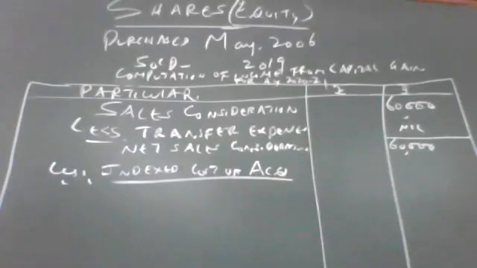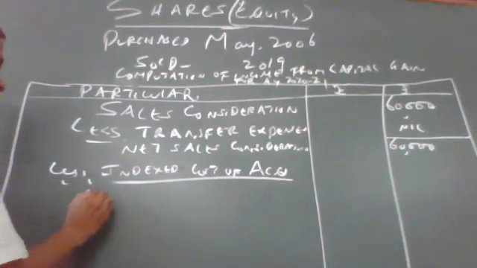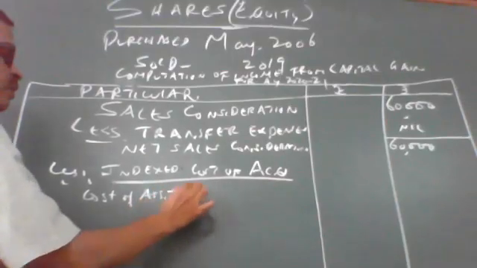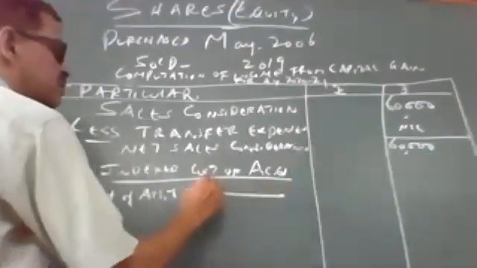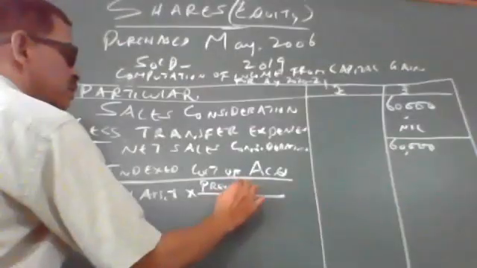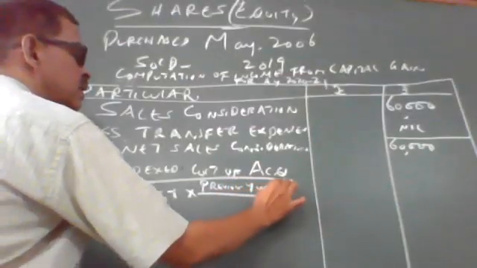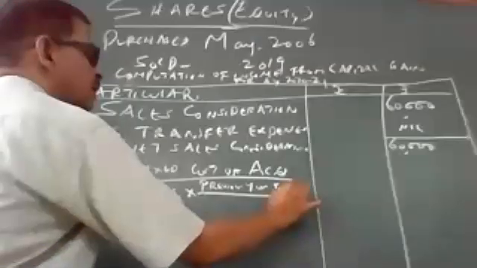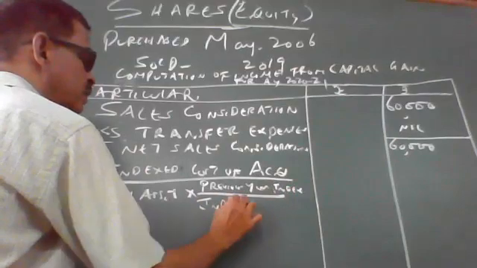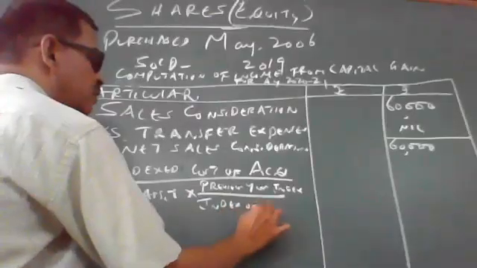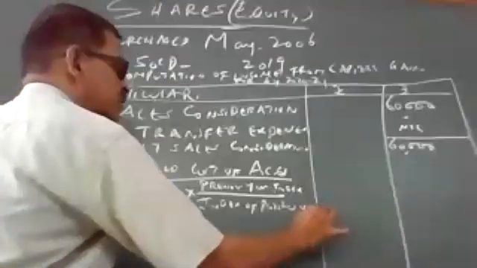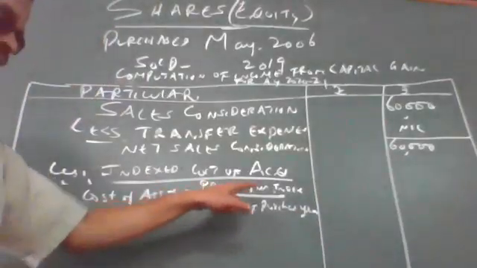Cost of asset into the previous year index divided by the index of the purchase year.